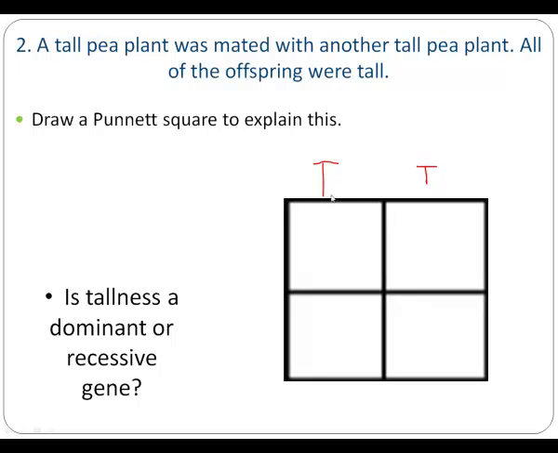So as long as one of the parents is homozygous dominant, it doesn't matter what the other parent is, because every single offspring is going to inherit one of these tall genes from the homozygous tall parent. So I could have another plant that is homozygous tall, or a plant that is heterozygous tall, or a plant that is homozygous short. No matter what, all of my offspring will be tall.